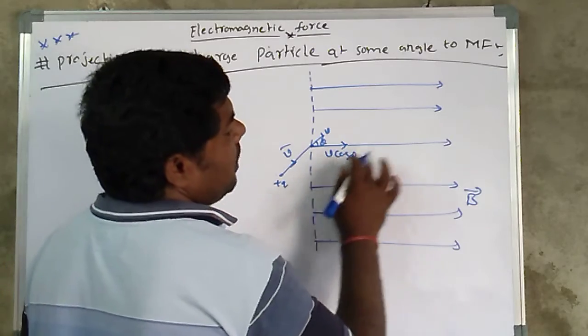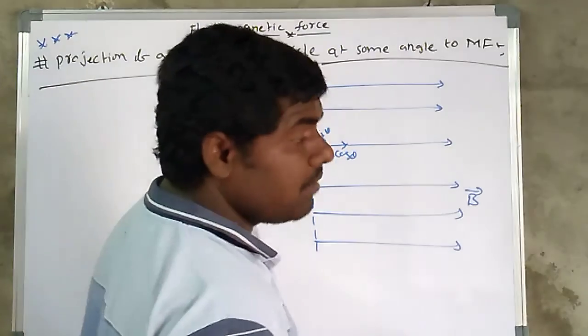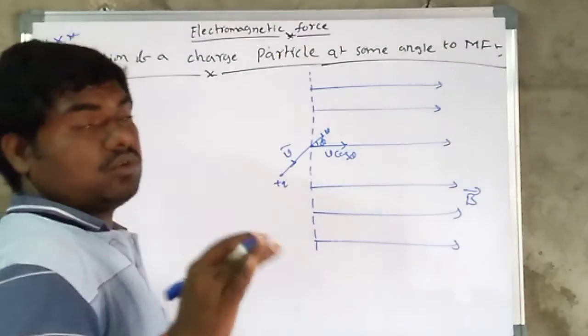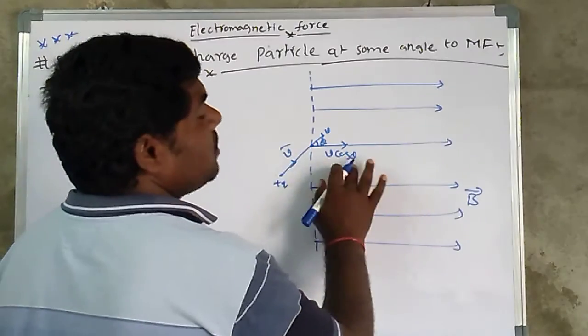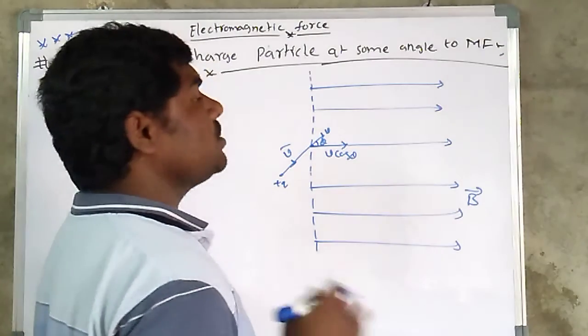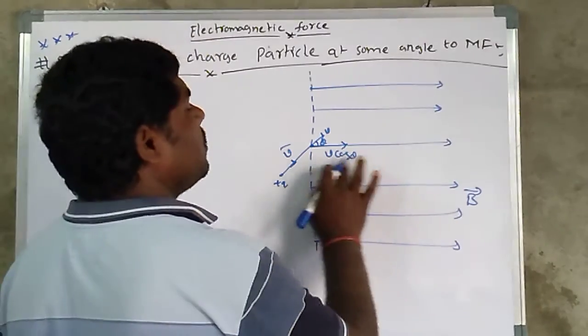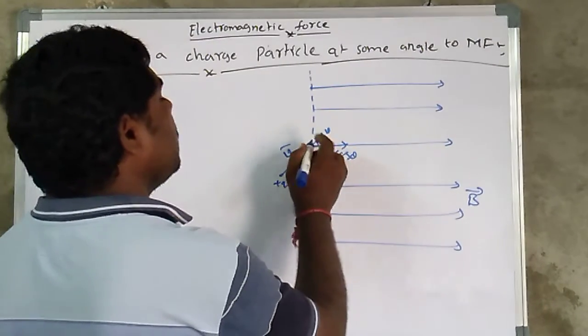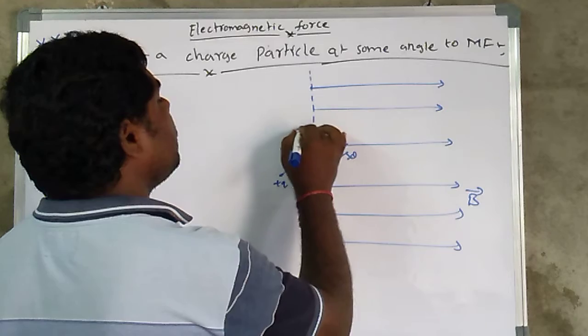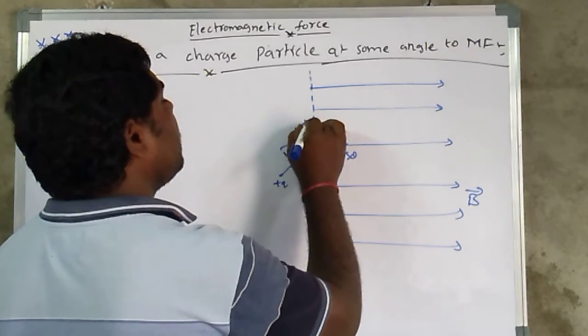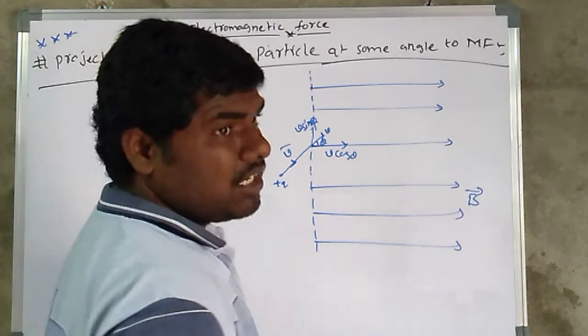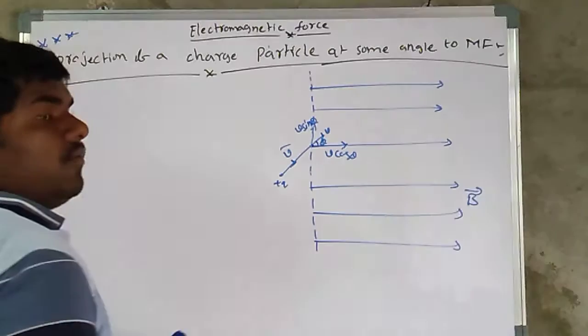The v cos theta and the magnetic field are in the same direction, so no force. A v cos theta never produces any force, so that's why it is a straight line path only. The other component is v sin theta, and this v sin theta only produces force.